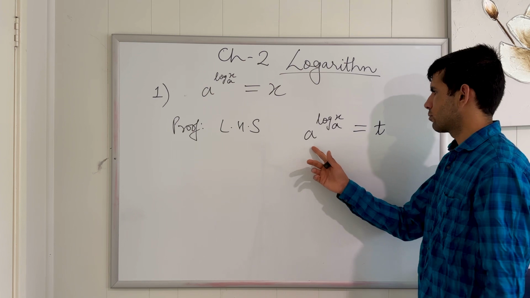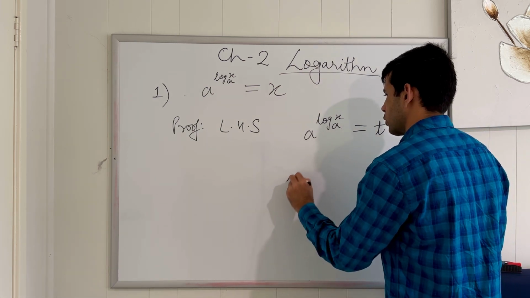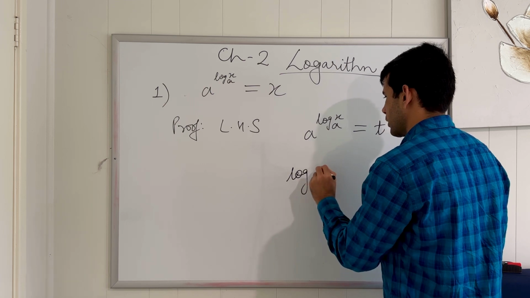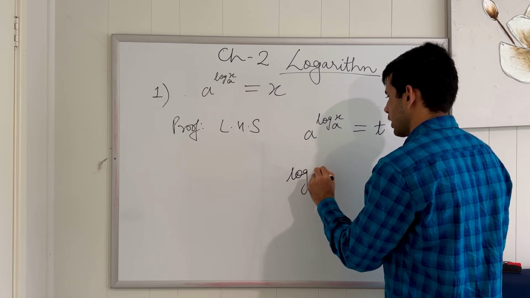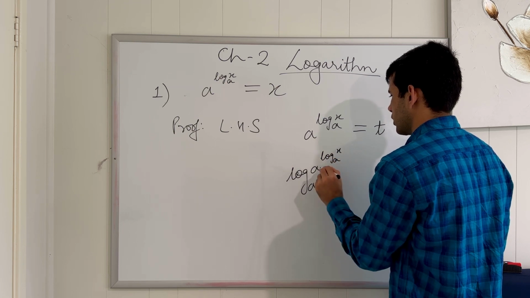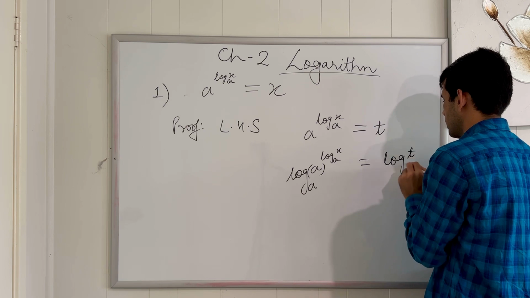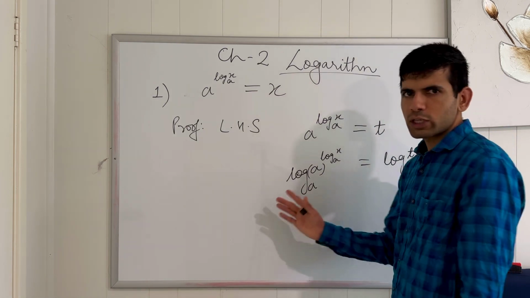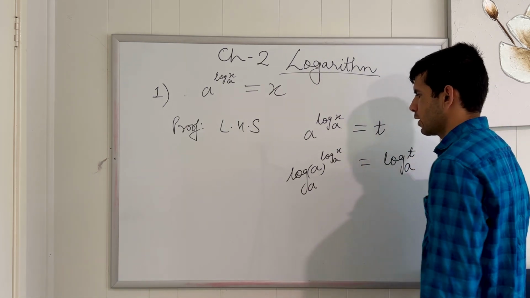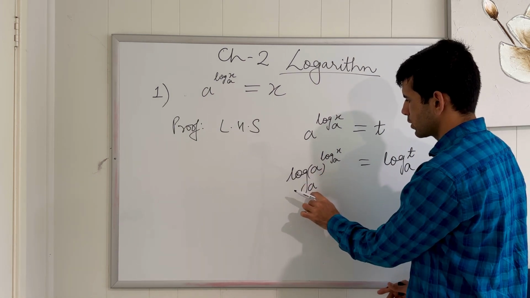If I take log base a on both sides, log base a of a to the power log x base a is equal to log t base a, right? We can do the same operation on both sides of the equality. Now the base is also a.